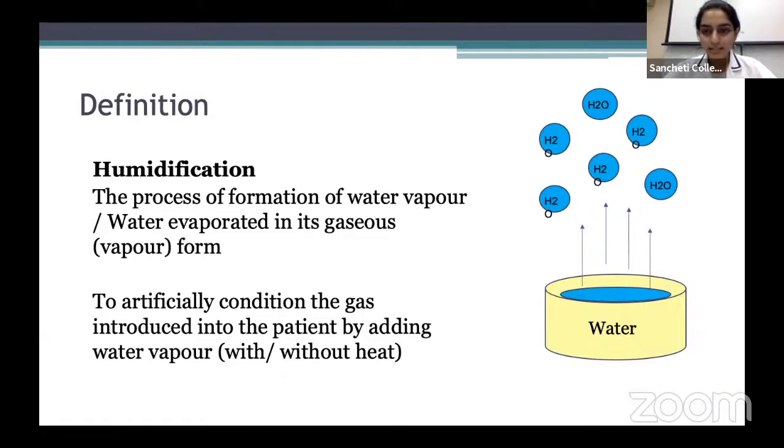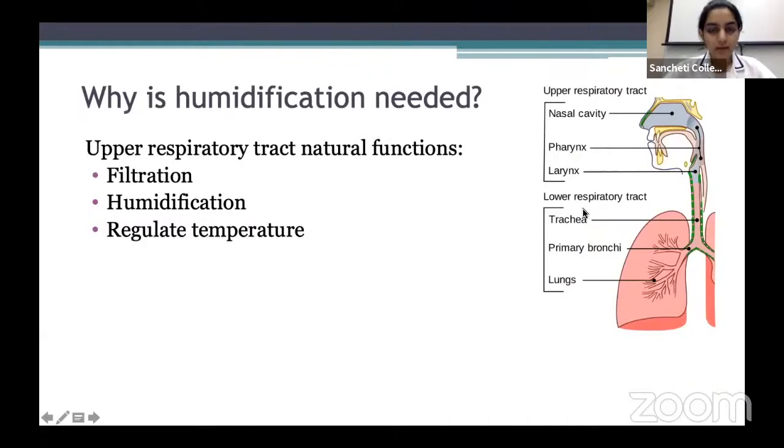If you look at this image here on the right, there is a source of water and it is being evaporated into its molecular form. Moving on. Why exactly is humidification needed? Let's go through the functions of the upper respiratory tract.